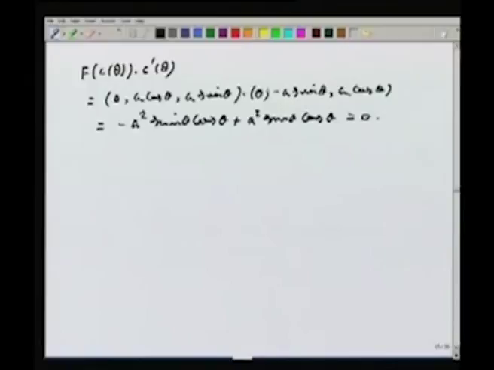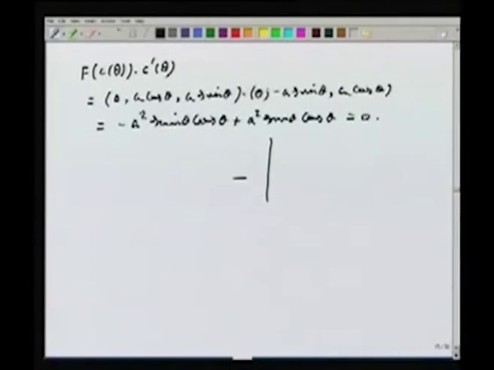What does it mean? It means the force field is actually in the normal direction of the circle. So if this is the circle in the yz plane, this is my x-axis, then the force field is actually acting in the normal direction. That means it cannot move a particle along this curve, so the total work done by this force should be 0.